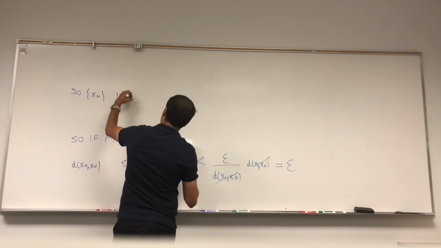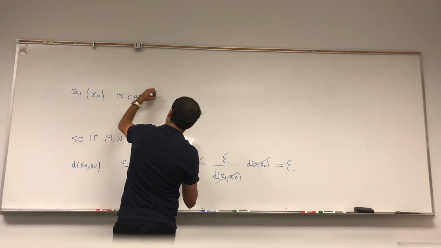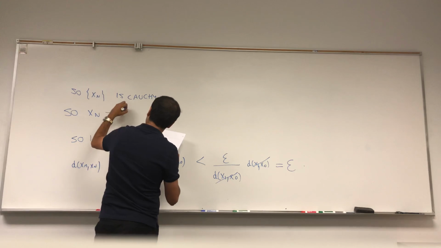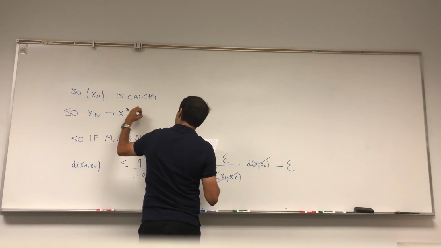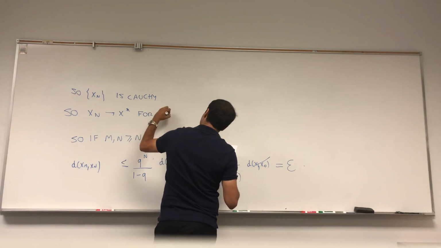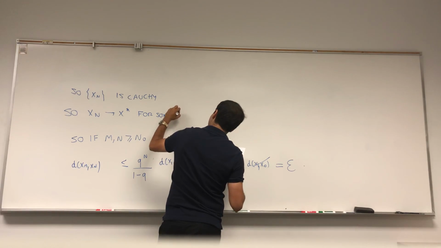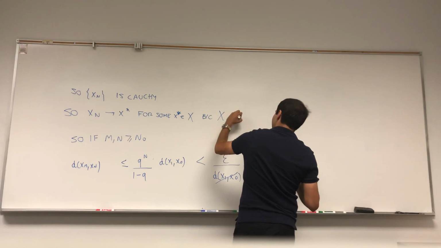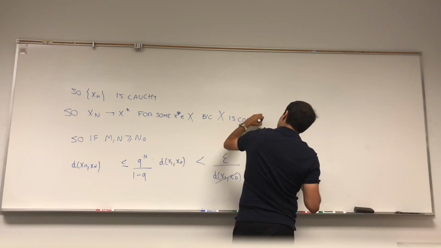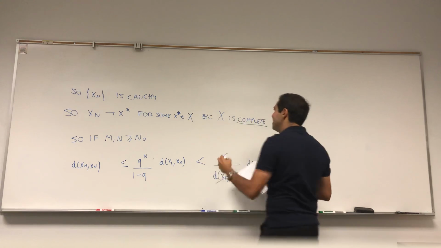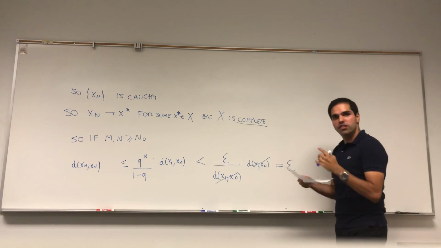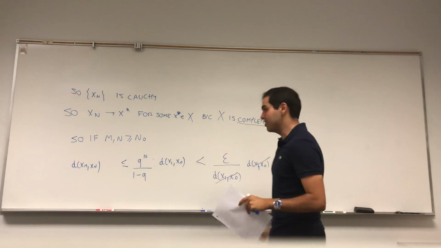So x_n is Cauchy, so x_n converges to some x star in X because of completeness. X is complete. Completeness means every Cauchy sequence converges. So if you see people grouping around, there is something happening.